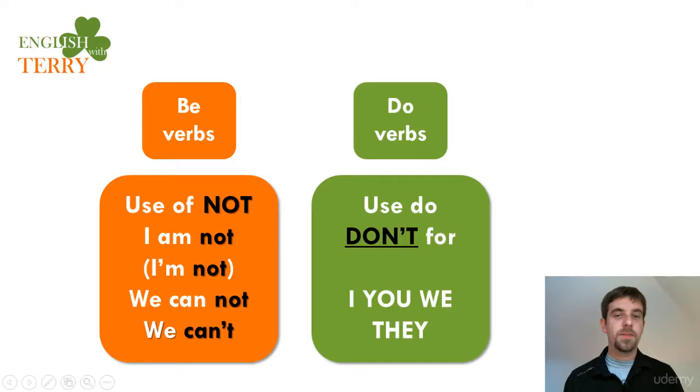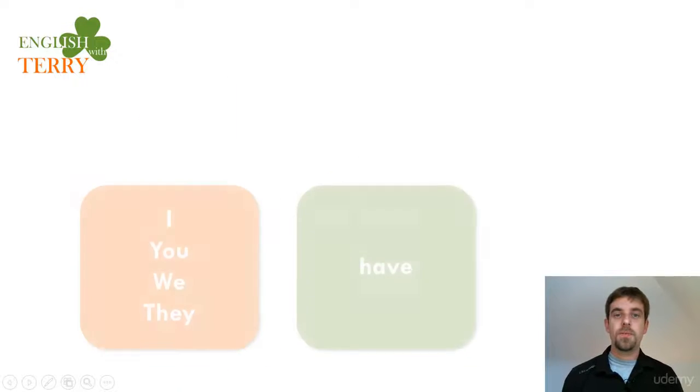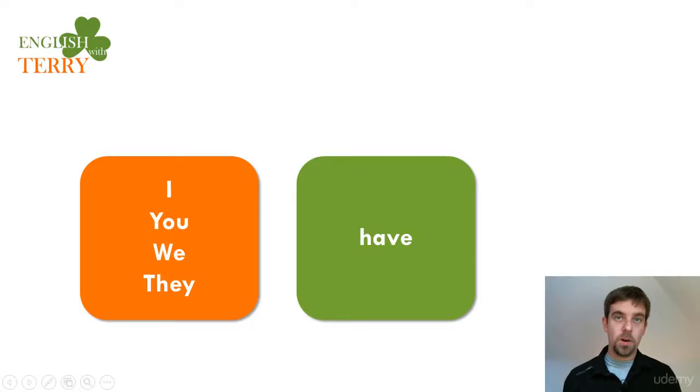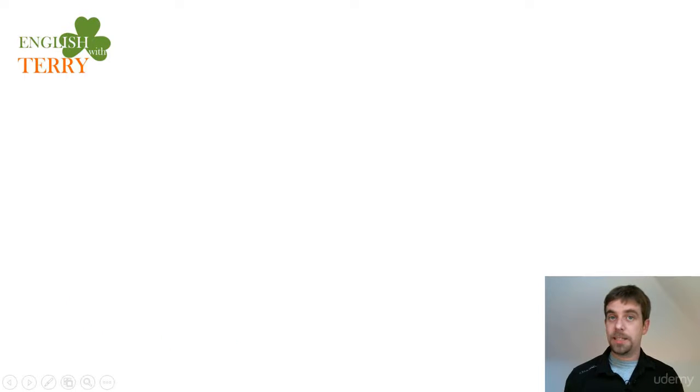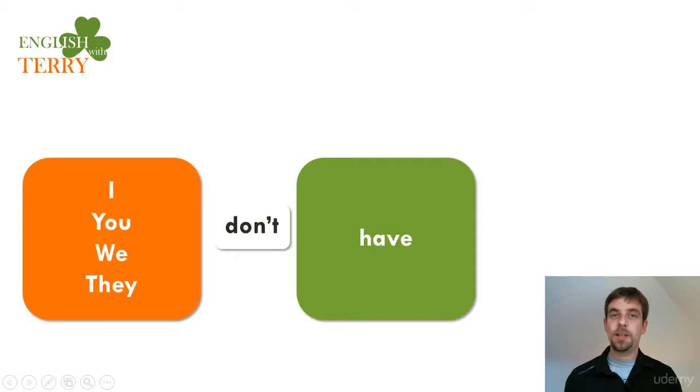But for all the rest of the verbs, for I, you, we, they, we use don't. So with a simple verb, the basic rule of English in the present tense, you have: I, you, we, they have. The negative: I, you, we, they don't have. Okay?